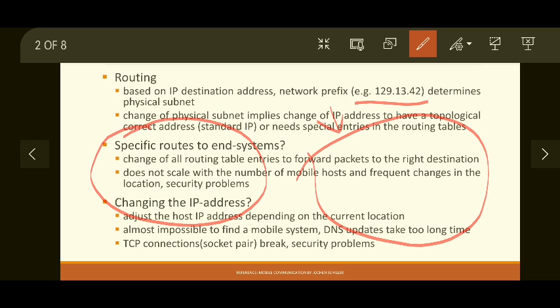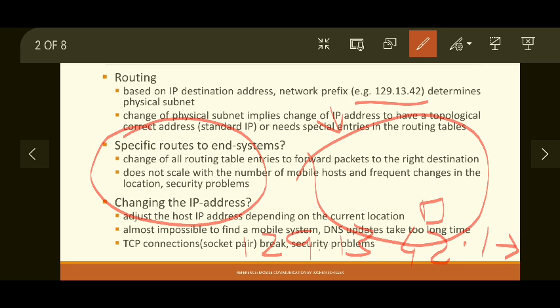This is the subnet prefix of this particular network. That means whatever node is present inside this network, its IP address will be 129.13.42 point either 1 or from 1 towards 254. Okay, because 255 is a broadcast address, so 1 to 254 will be addresses of the different nodes within this network.